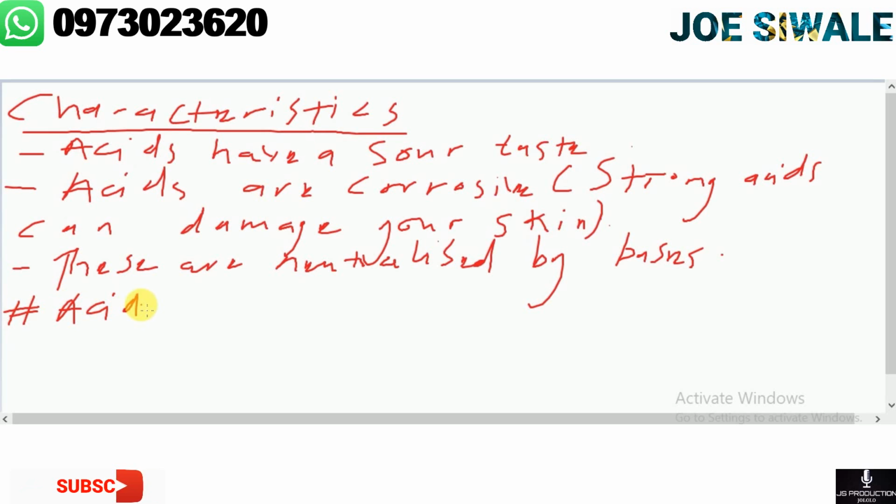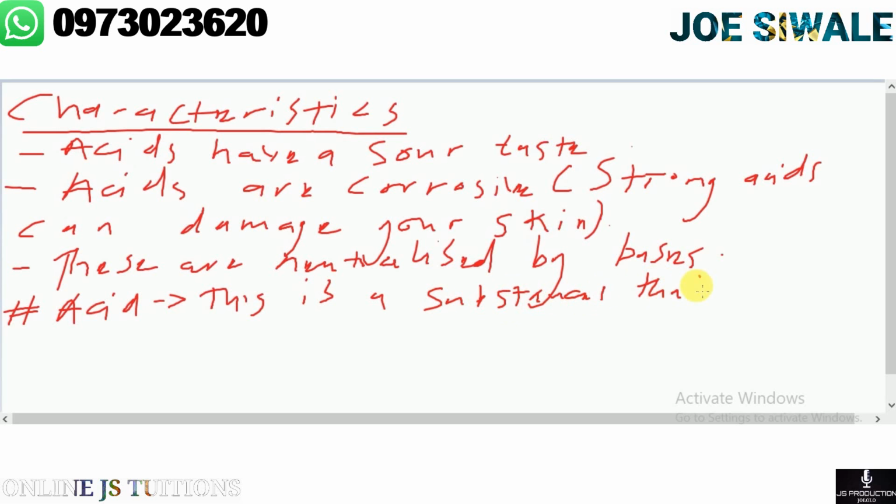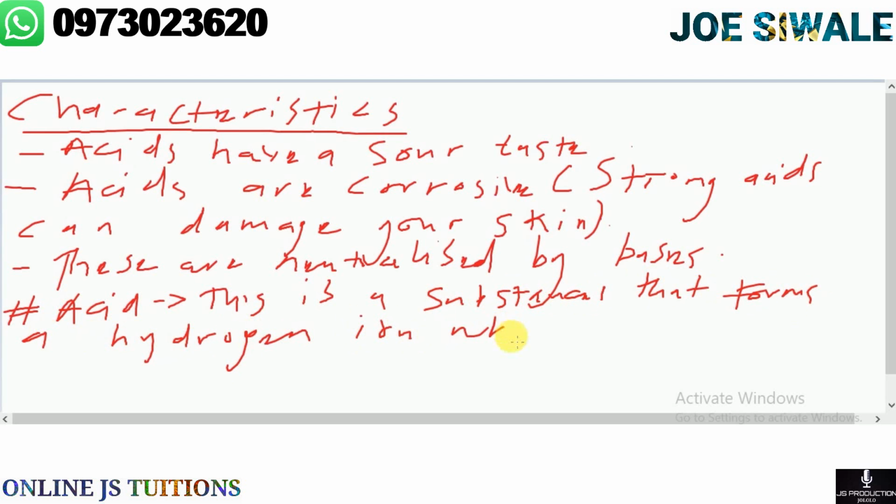The definition of the word acid is that an acid is a substance that forms a hydrogen ion when dissolved in water.